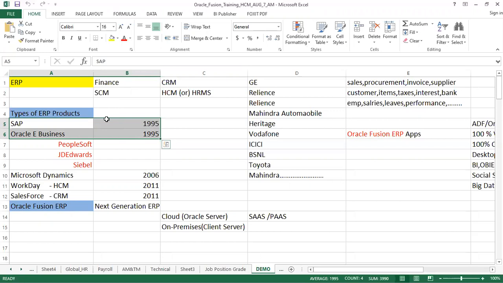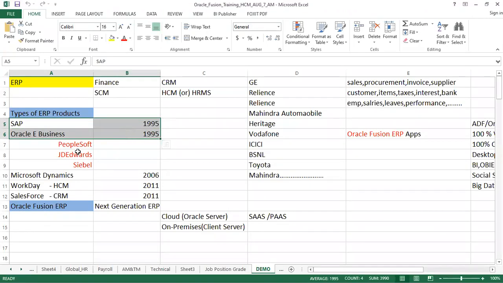That time itself the requirement of enterprises for a particular package had started. So SAP and Oracle were always the competitors in the market. SAP and e-business, Oracle applications, both ERPs are competitors in the market for 25 years.